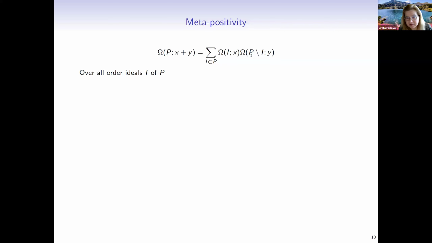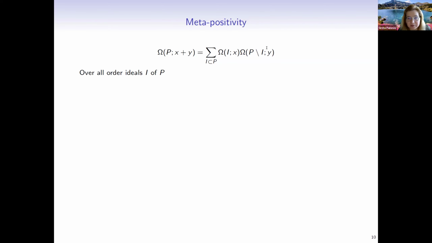Or if you shift the numbers, then it is exactly the number of order preserving maps going from 1 to y. So for each division of elements into a smaller group and a bigger group in the poset, you enumerate the number of order preserving maps for the first part and the second part, you multiply them together, you sum up.